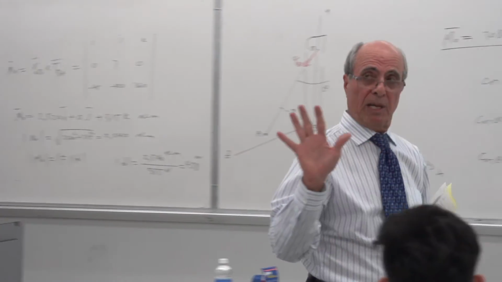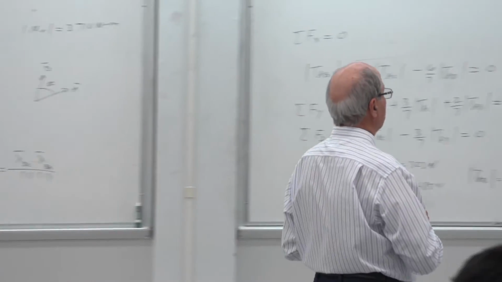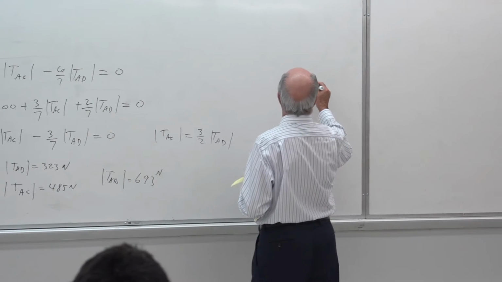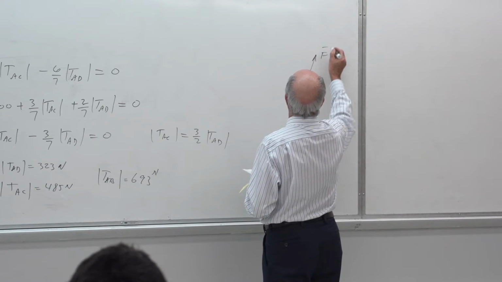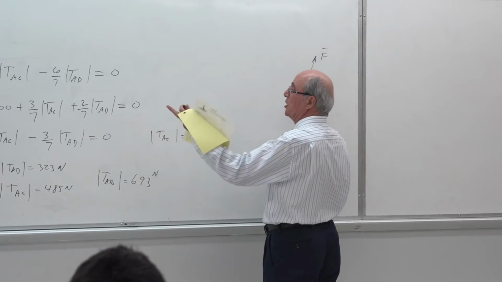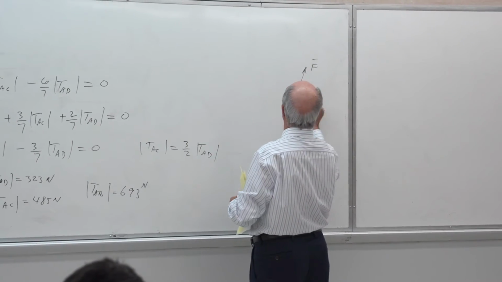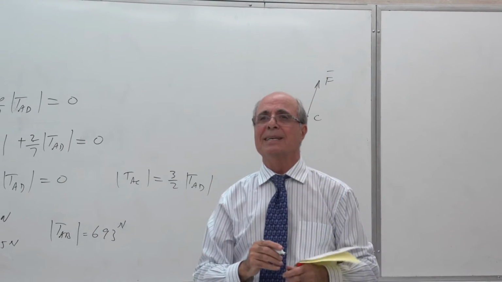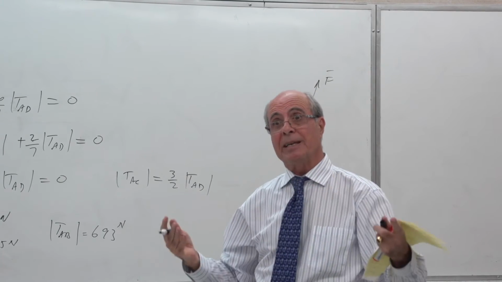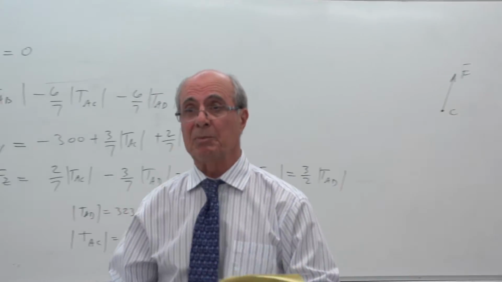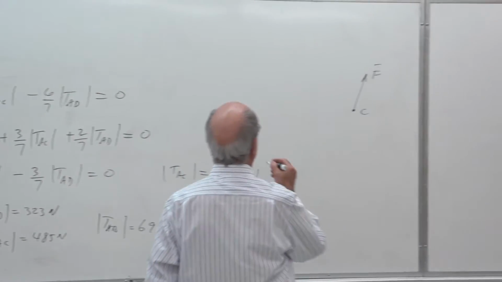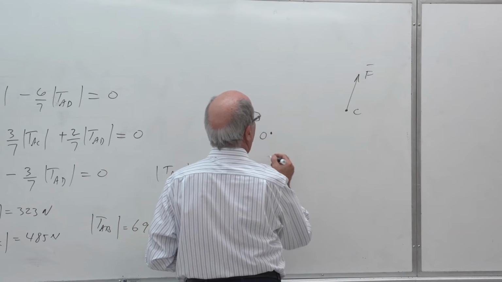I have something to say about that. Just wait. This was the case. If this is the force F, and the point of application, let's change the name, let's say the point of application is at C. Remember how I started the lecture a class or two before, when I wanted to take the moment about point O. I said two methods.